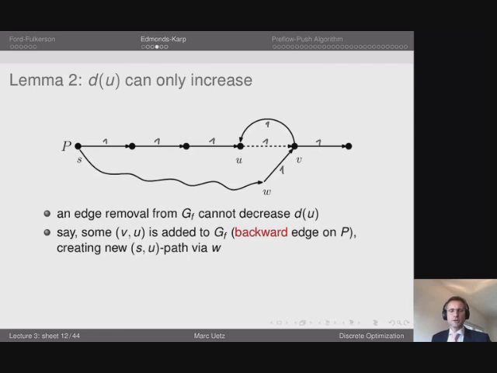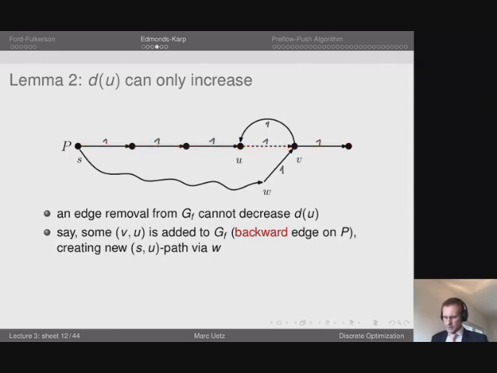But by choice of U as the first vertex for which this happens, the new in edge does actually appear. We know that this path here to W also existed before. And we know that in that iteration, this was actually a shortest augmenting path in the number of edges.